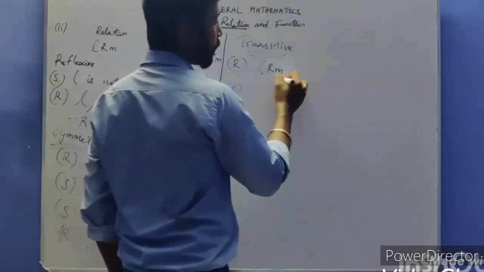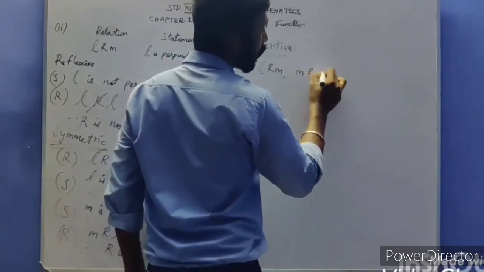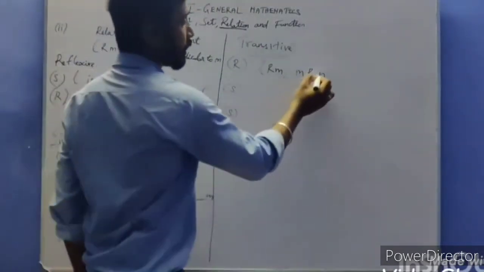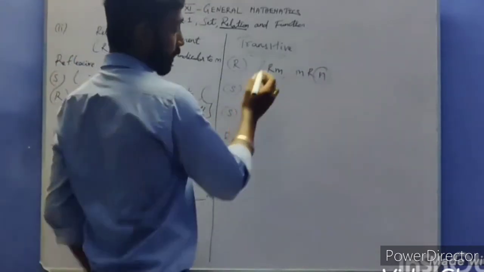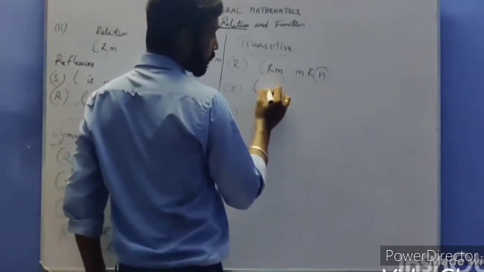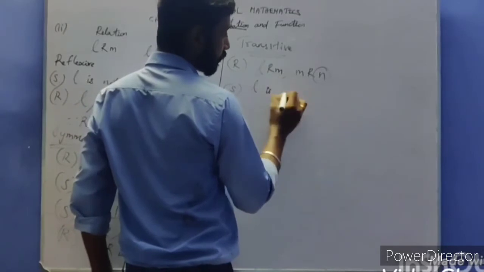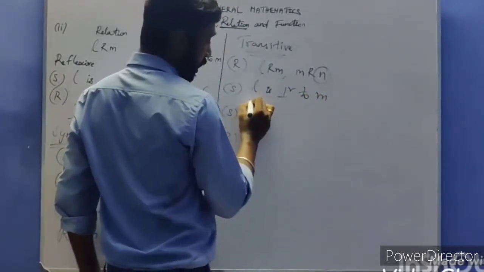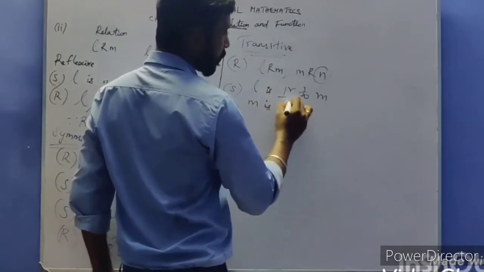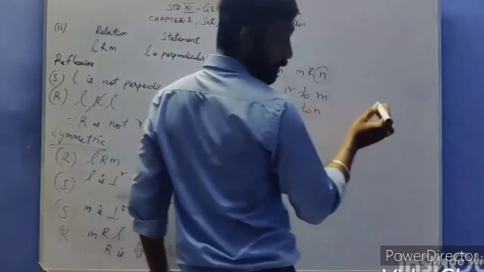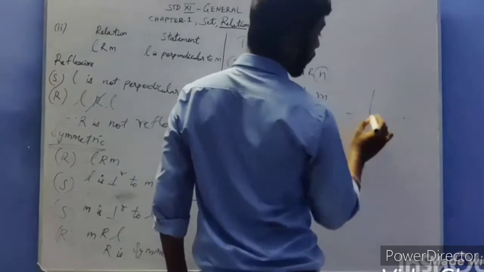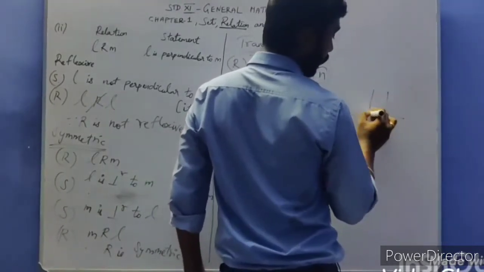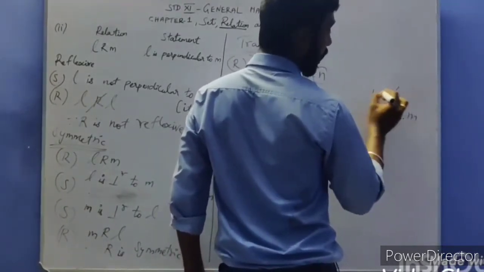L related to M, M related to N. N will be the third person. So now we have to write the statements. L is perpendicular to M. M is perpendicular to N. So listen to the example. Listen children. M, here L, here N.